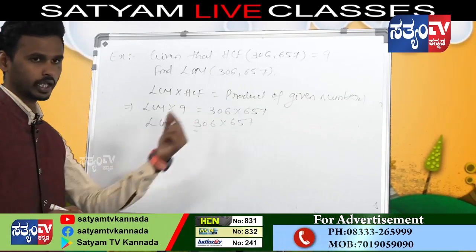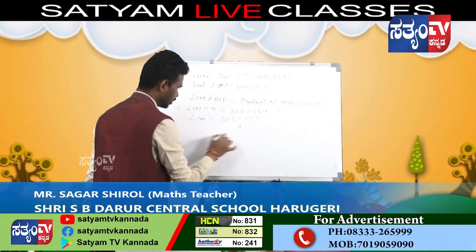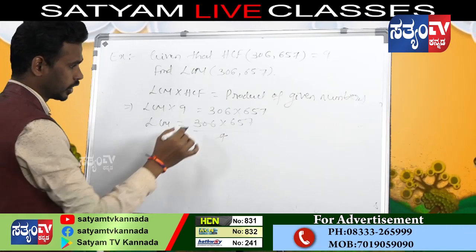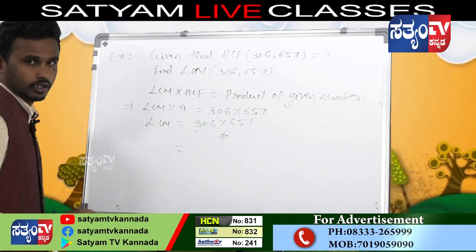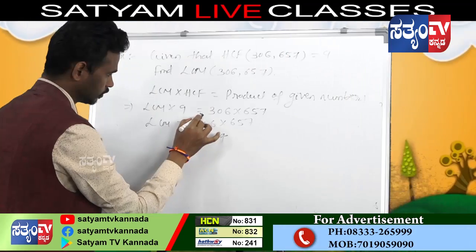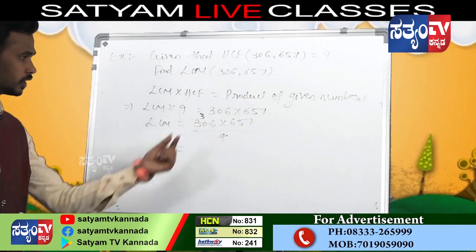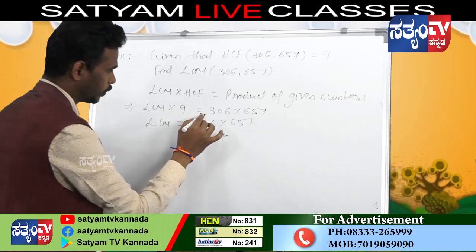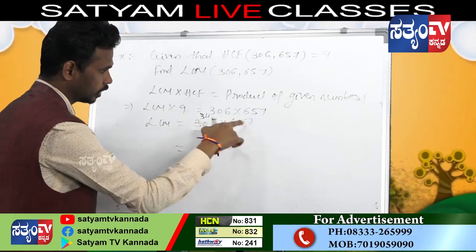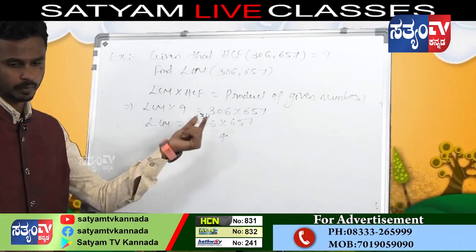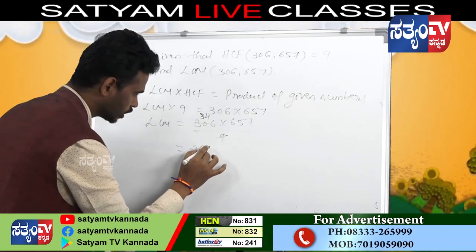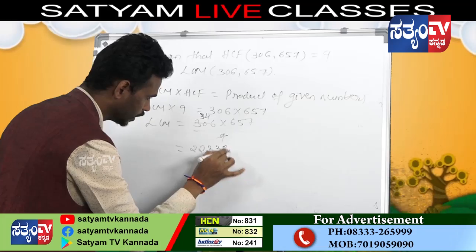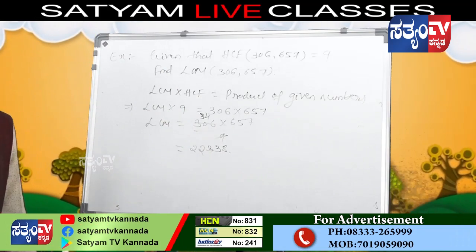If you take this 9 to the RHS, it will become division. So 9 threes are 27, how much remained? 3, 36, 9 fours are 36. So 34 into 657. If you multiply this, you will get 22,338.